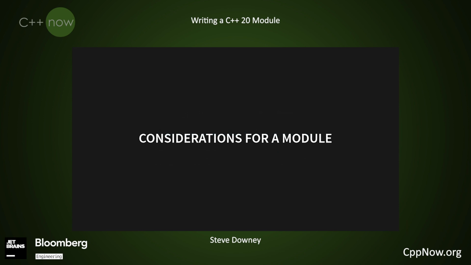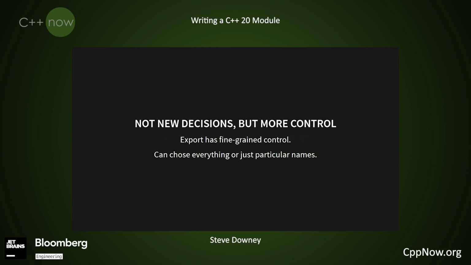Okay, now considerations for a module. We're taking something existing, and everyone's going to have a lot of existing code, and we're going to want to figure out how to put it into a module, or building a module from scratch where we have the same sorts of questions. Now, these aren't new decisions, but we have a lot more control than we do with existing templates and headers.